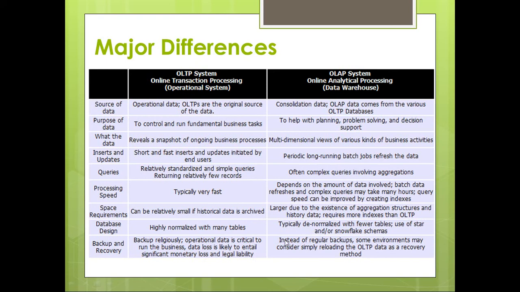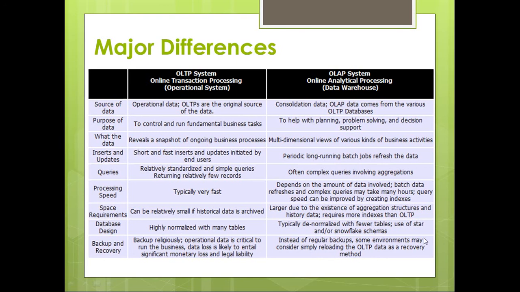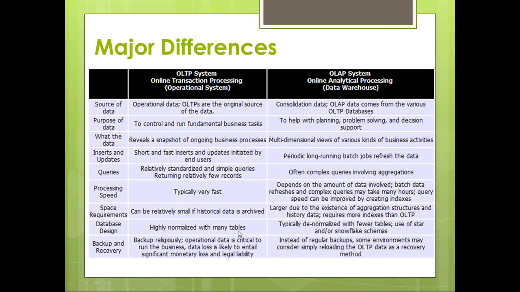With OLAPs, they're not as concerned with the data, since it's important, but since it's just analyzed and isn't used by the customer in real time, it isn't backed up as often.